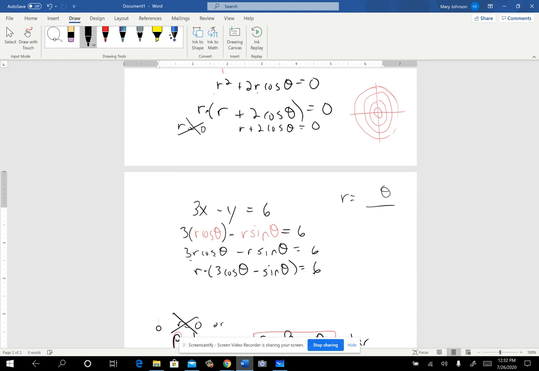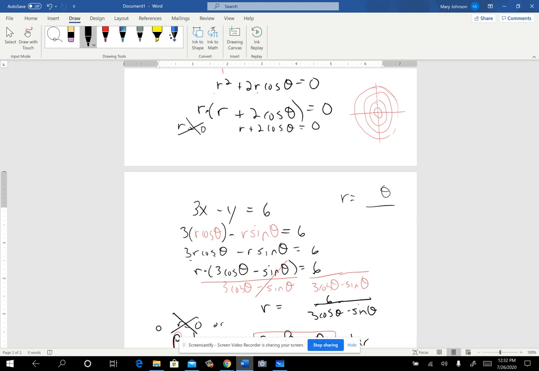And then since that's times, I can divide both sides by 3 cosine theta minus sine theta. Okay. And that gives it to me. r would equal 6 over 3 cosine theta minus sine theta.